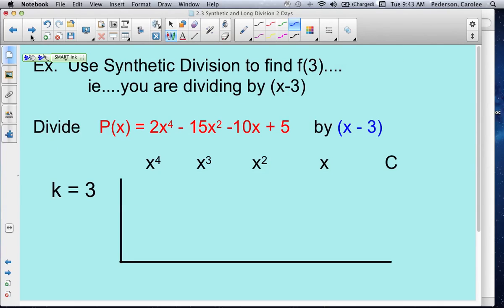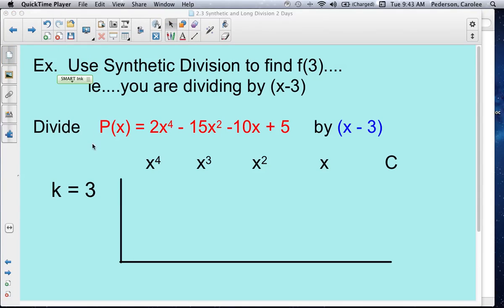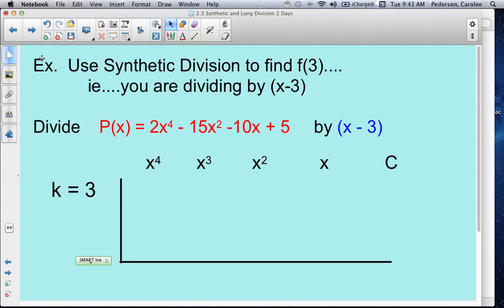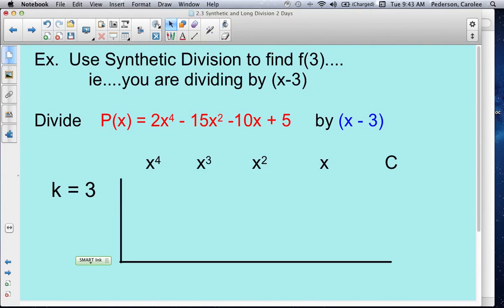This is a new problem. I would recommend that you write this one down. So use synthetic division to find f(3). So now we're going to use synthetic division to find points on the graph. In this case, we're going to find 1 point. Our x value is 3. We're dividing out x minus 3.